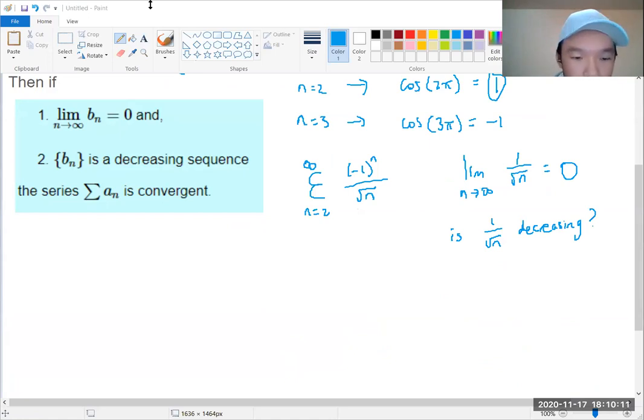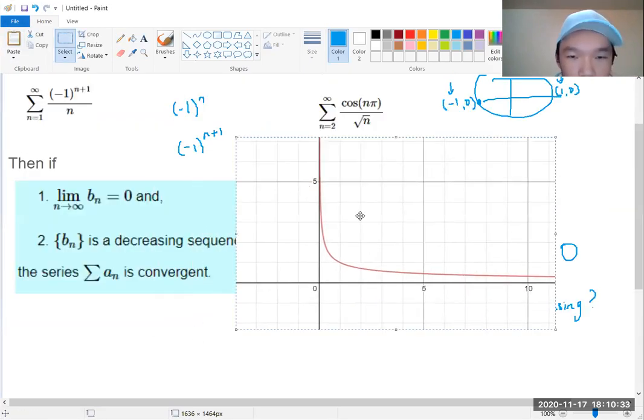Let me just check using a graphing tool. Okay, according to the graphing tool, this is what the sequence looks like.